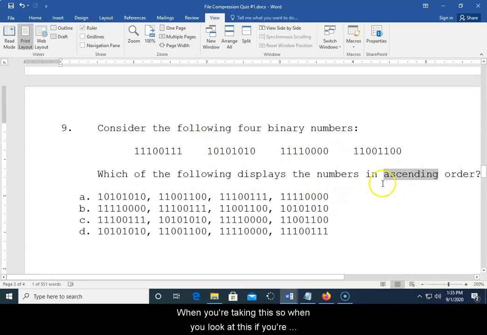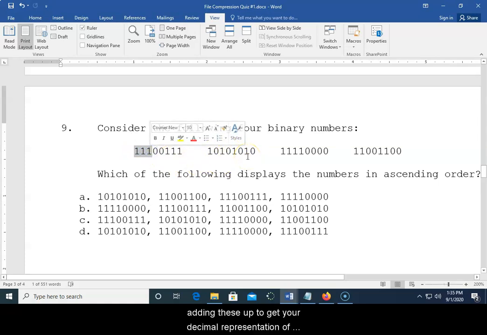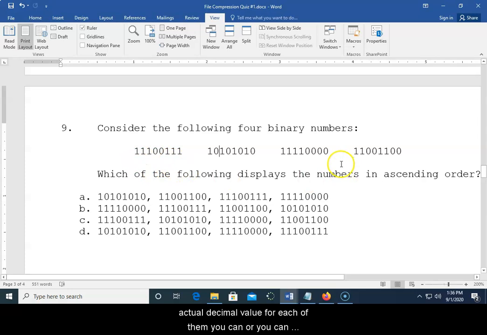So when you look at this, if you're going from low to high, you probably want to find the smallest number. Well, the smallest number in here is easy to find because, remember, you're just adding these up to get your decimal representation. If you want to do the long version and find the actual decimal value for each of them, you can. But you can just do it by eye, right?